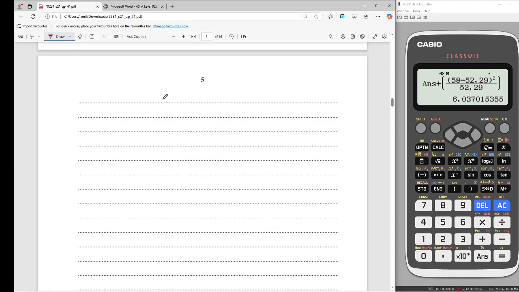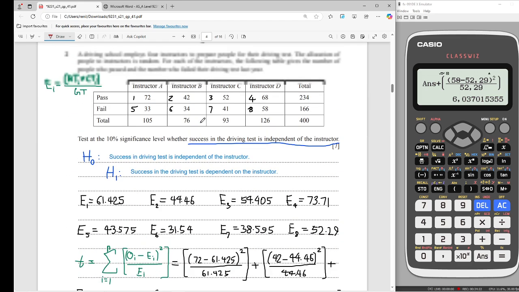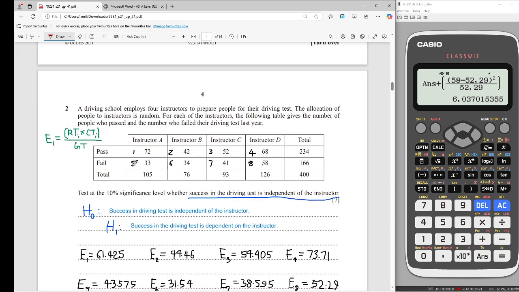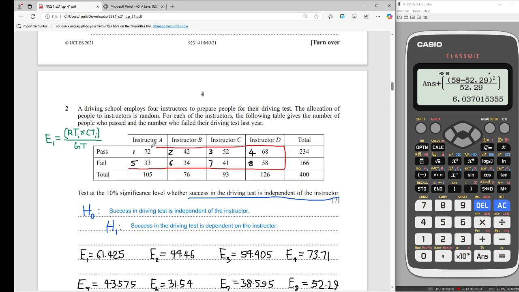To calculate the critical value, first let's find the degrees of freedom, which is equal to number of rows minus 1 multiplied by number of columns minus 1. When you're considering only the values that we use to calculate the test statistic, all the values here which we've labeled from 1 to 8, this is considered our table.